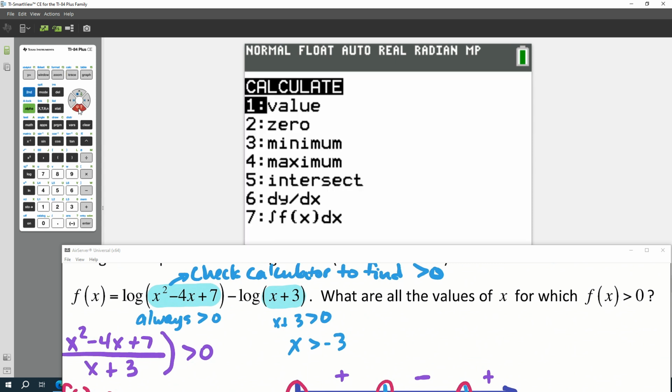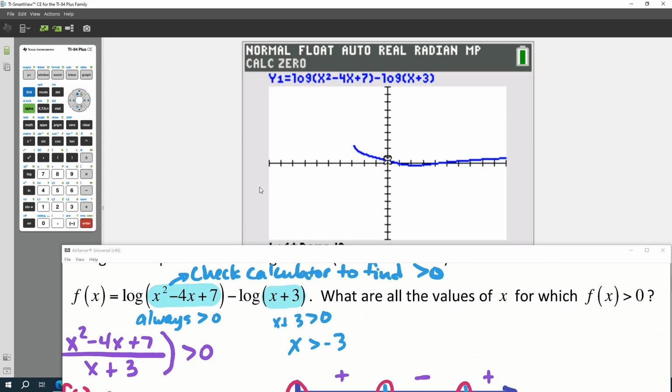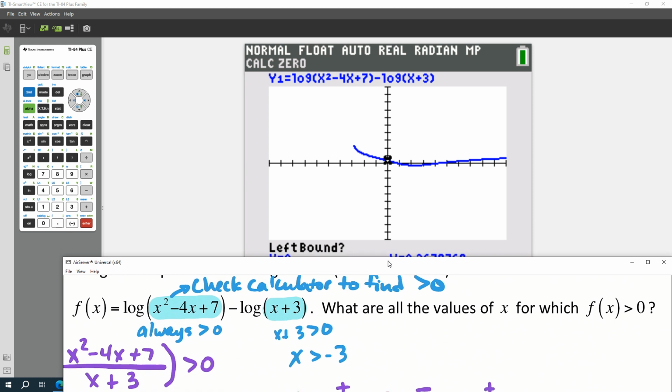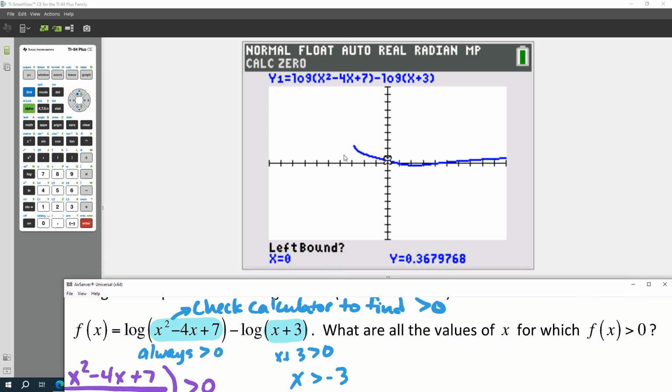It's kind of weird. So to calculate a 0, you hit second trace and then number 2. And you get that little flashing cursor. And you hit enter on the left side and enter on the right side. So right now, if I'm looking at this first 0, I am on the left side, so I can hit enter. And then I'm going to cross over to the right side.